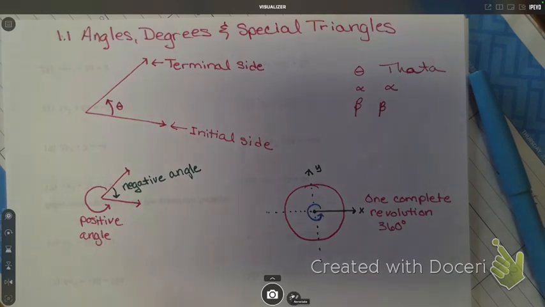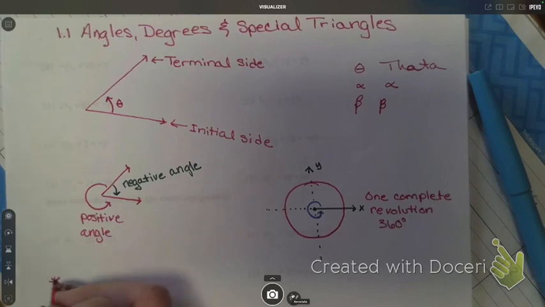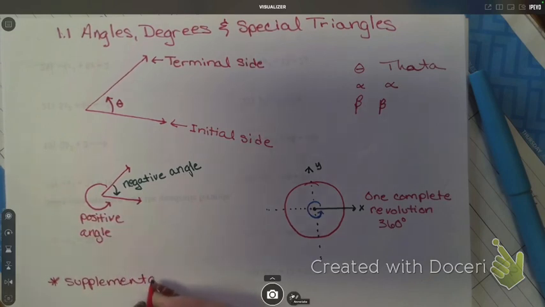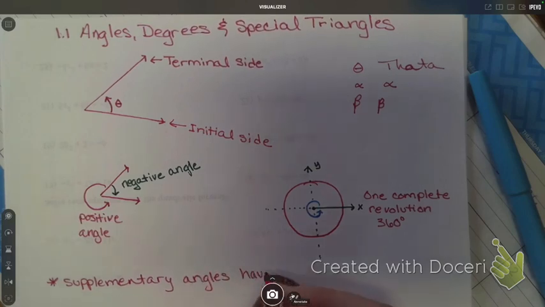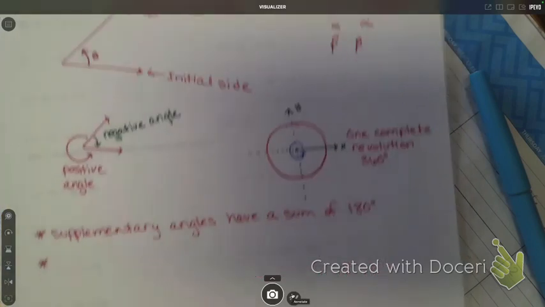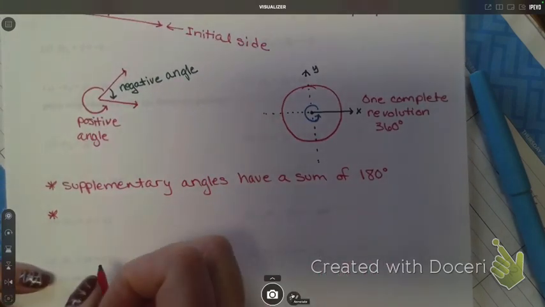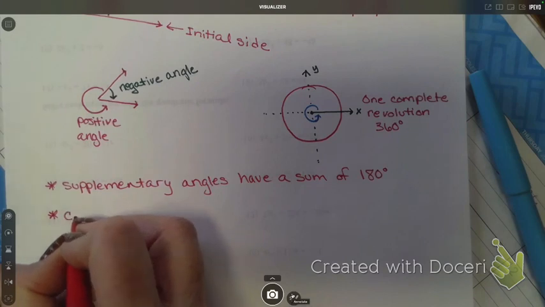We need to remember words like supplementary. Supplementary angles have a sum of what? 180. If you remember supplementary, do you remember the other word with it? Complementary.